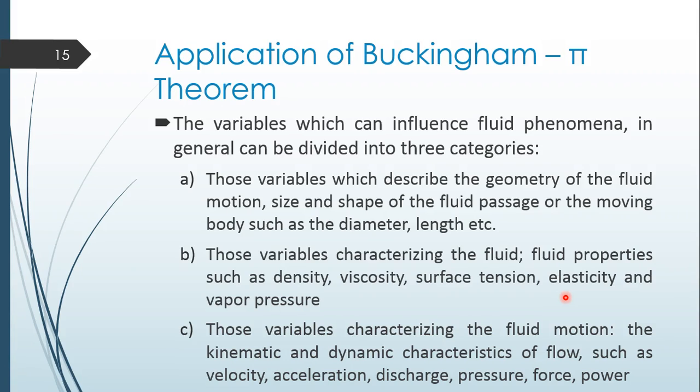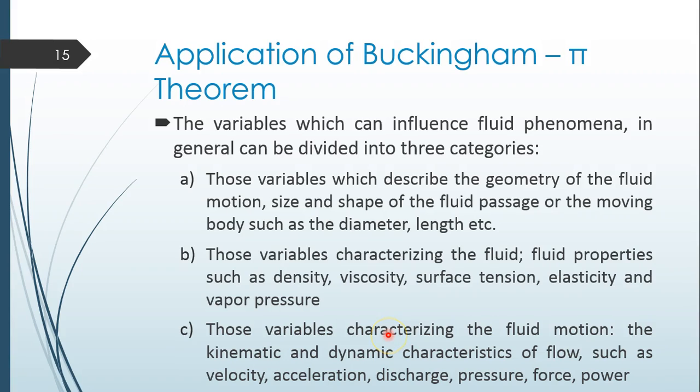and then those variables characterizing the fluid motion, the kinematic and dynamic characteristics of the flow such as velocity, acceleration, discharge, or pressure, force, power, will bring in the time. So the first one will most probably bring in the length dimension, the second one will bring in the mass dimension, and the third one will bring in the time dimension.